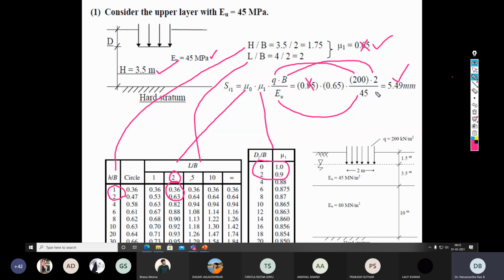Simply substitute into this equation and calculate. What you get is the elastic settlement in layer number 1, and the thickness of that layer is 3.5 meter.